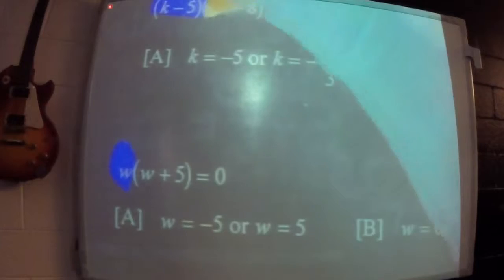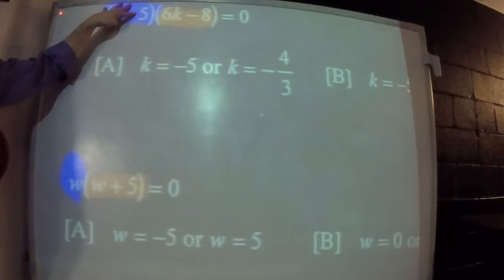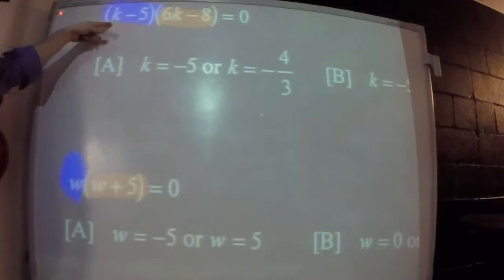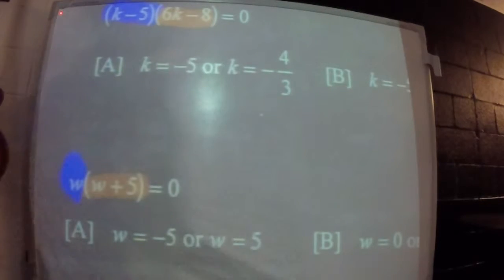And work it out and find out what your two different answers are. Just looking at this one right here. If you got k minus 5, what number would make k minus 5 be 0? Positive 5. Now this one is a little bit trickier. The number that makes this 0 is a fraction.